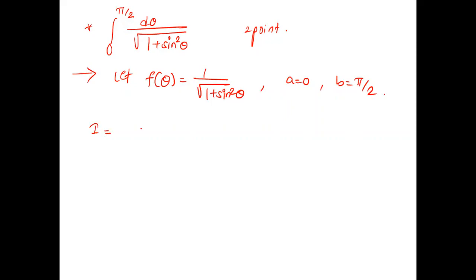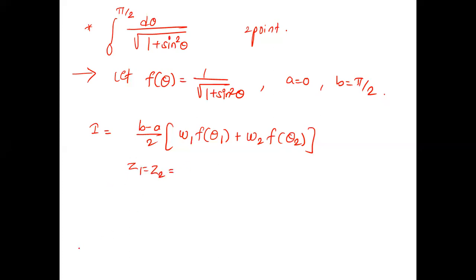I is equal to B minus A by 2, W1 f of theta 1 plus W2 f of theta 2 because we are in theta. Where, what is Z1, Z2? W1 and W2 both are 1. Z1 is minus 1 by root 3. Z2 is 1 by root 3.